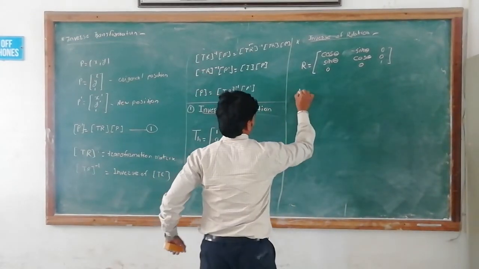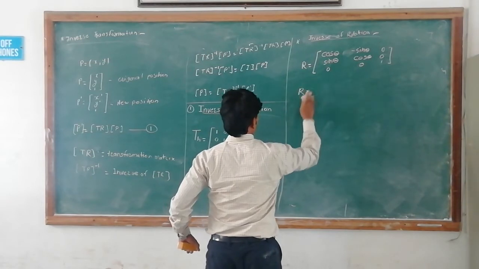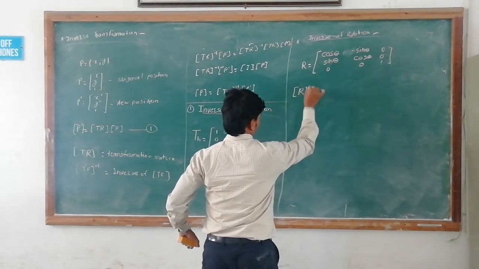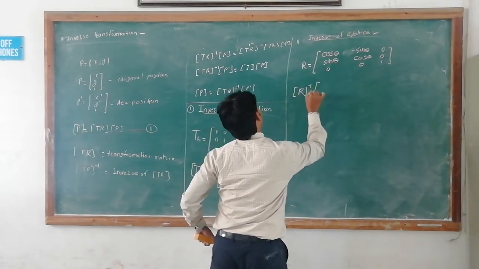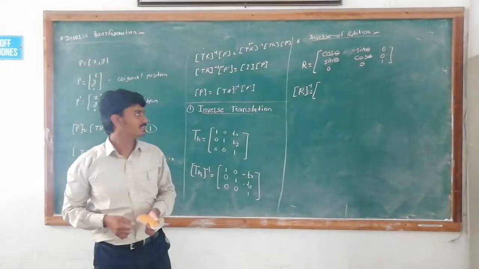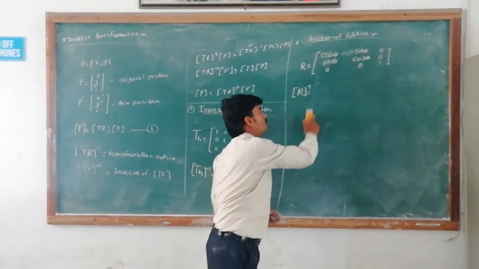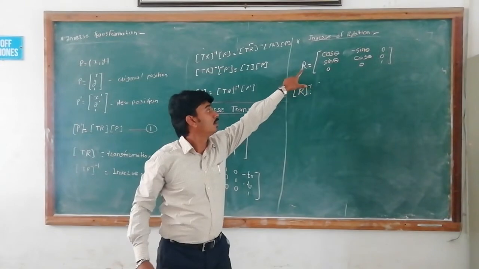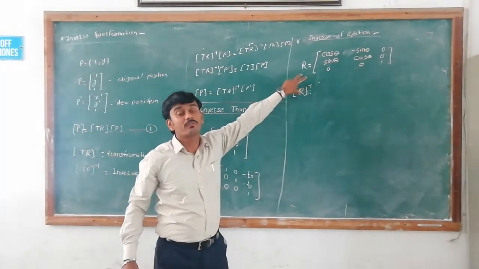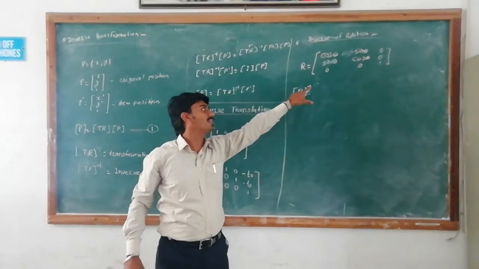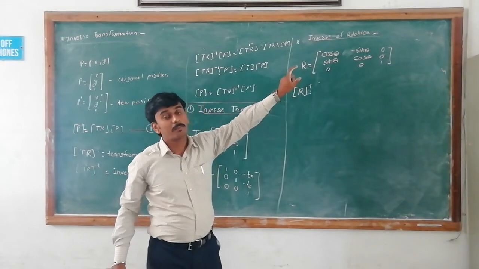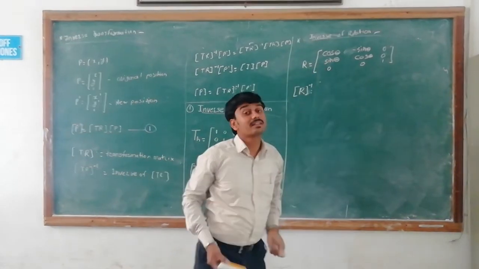Now notice the value of the inverse of this rotation matrix. We can obtain the inverse of this rotation matrix by replacing theta by minus theta.